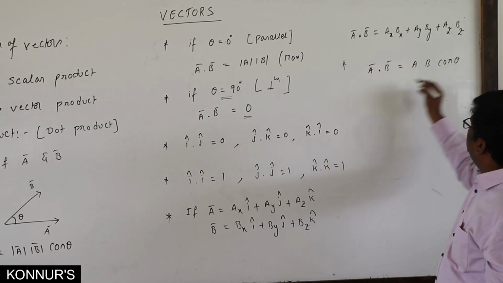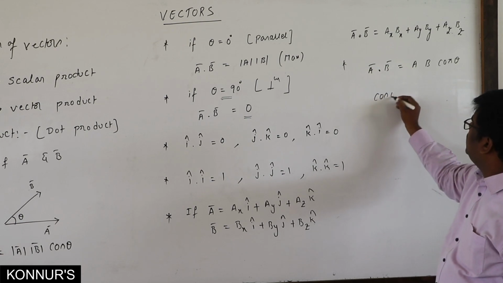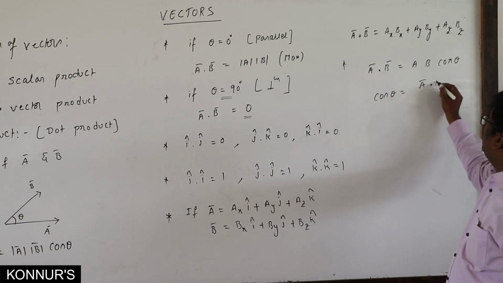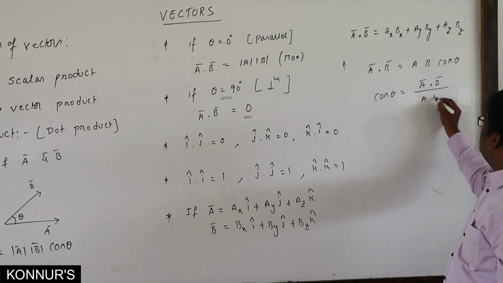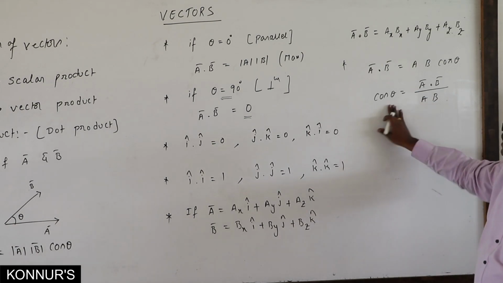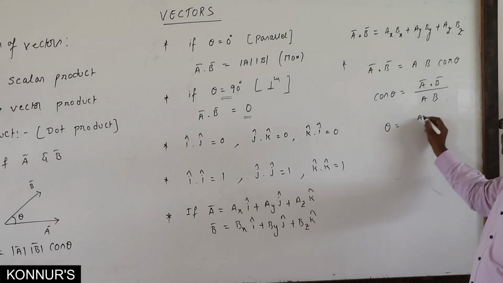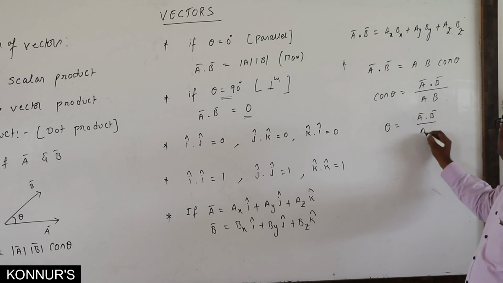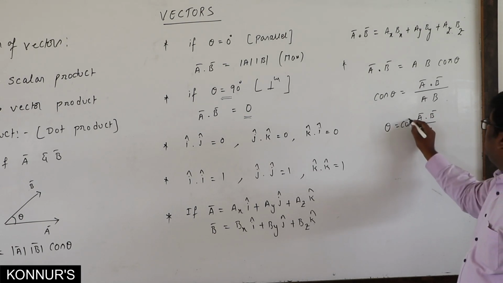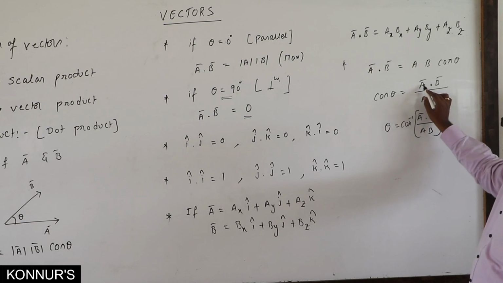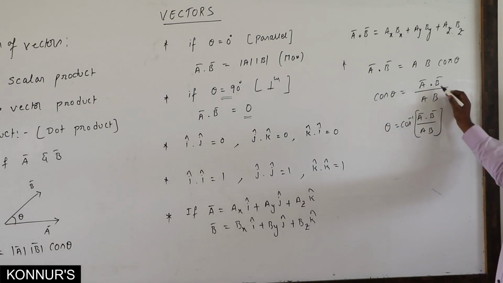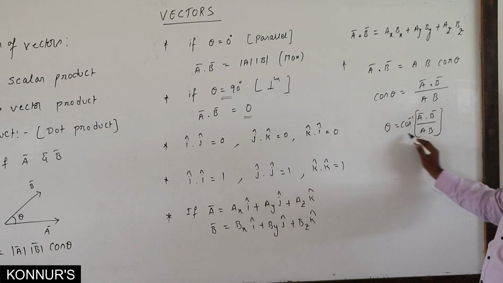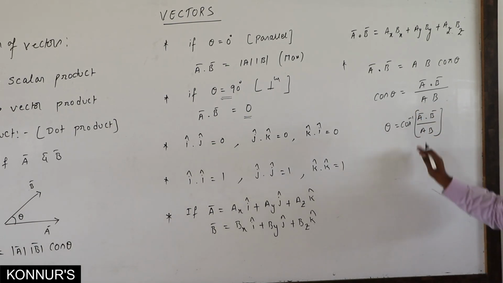Therefore cos theta is A bar dot B bar by AB, so theta equals cos inverse of A bar dot B bar by AB. So finding the dot product between the vectors and dividing by the magnitude of A and the magnitude of B, and taking the cos inverse, you will get the angle between the vectors.